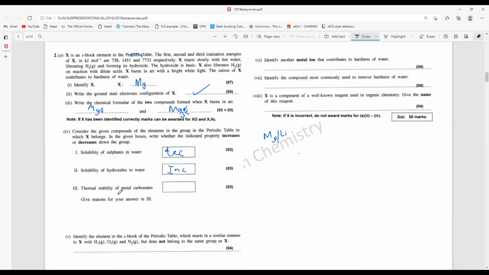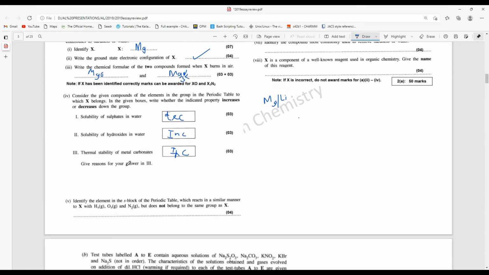Thermal stability of carbonates: when you go down, the size of the ion becomes larger, so the charge density gets lower. Based on that, the polarizability also gets smaller. The compound is more ionic in nature, so the stability increases.